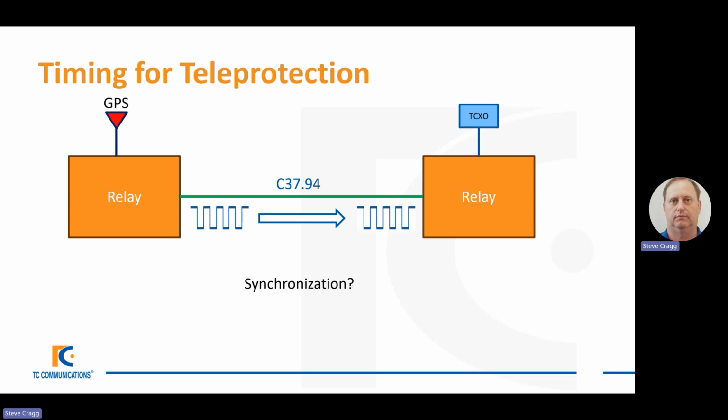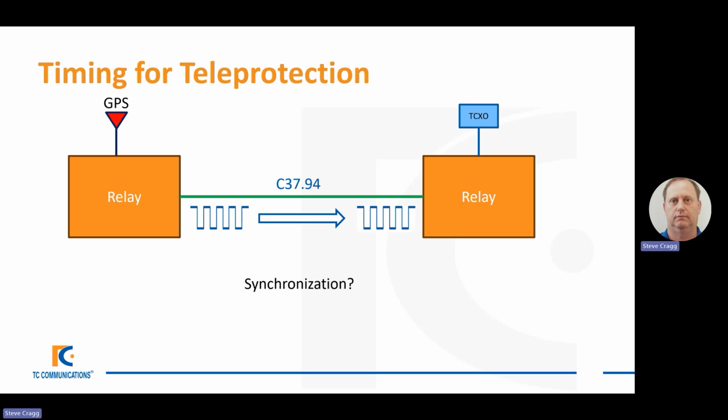The devices that we're using are using the clock for the C37.94 to synchronize the data between the devices. It is not providing the information for the real-time clock for the relays.